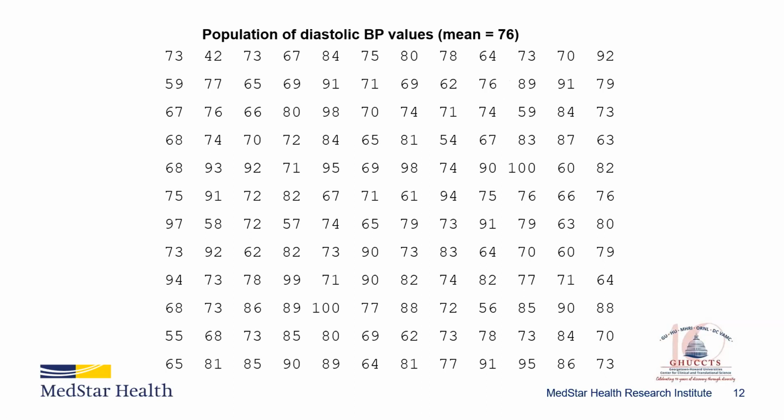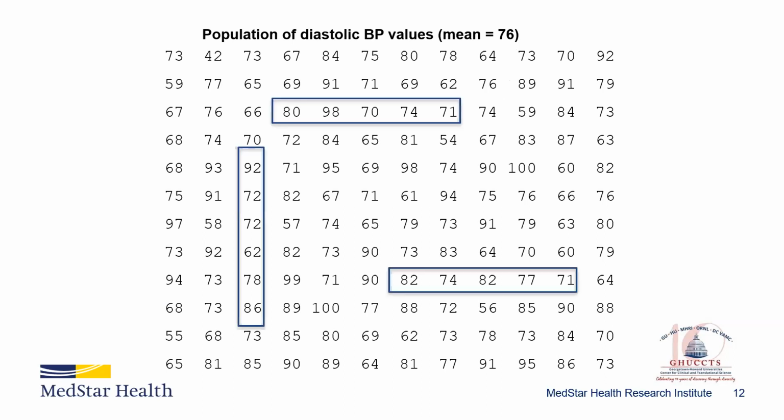Our idea is that if we were to do research, we would draw one sample out of this population. But let's say we can theoretically draw many samples, so maybe we'll randomly pick different samples of size 5. In other words, each of our samples has an N of 5.